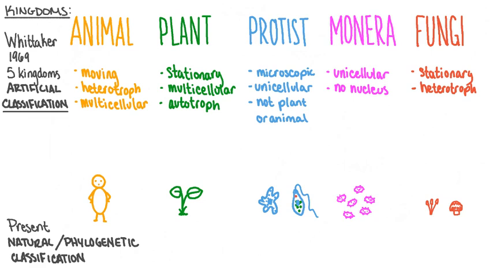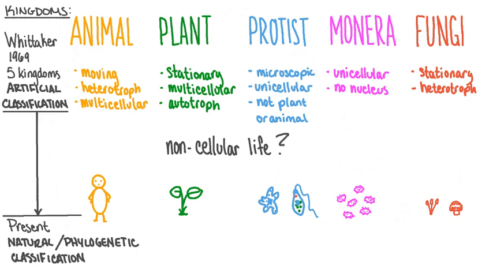Advances in genetic technology allow us to classify organisms based on evolutionary relationships, a system that we call natural or phylogenetic classification.